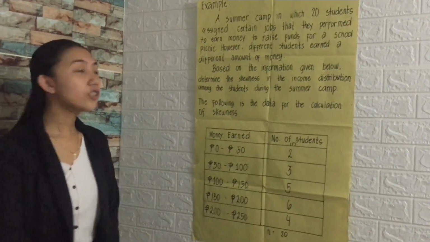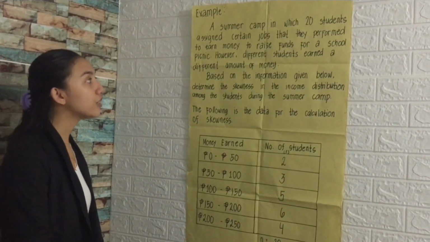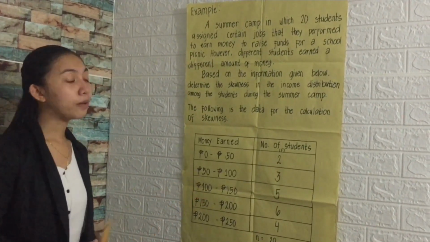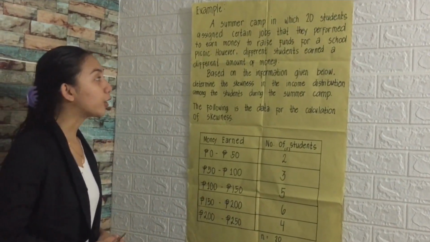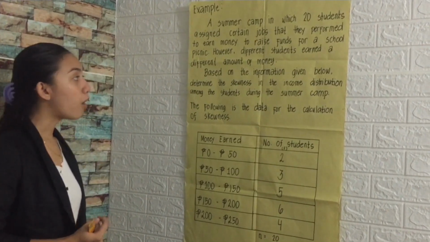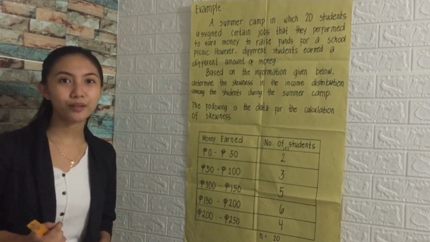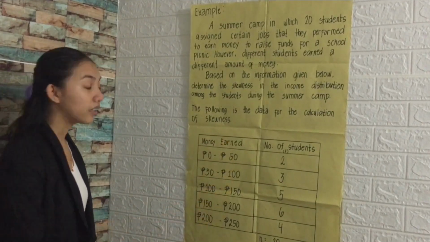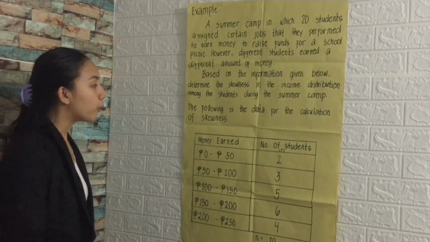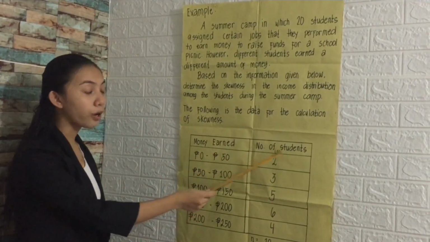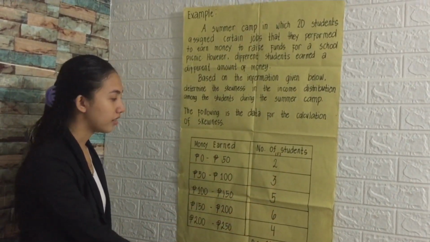However, different students earned different amounts of money. Based on the information given below, determine the skewness in the income distribution among the students during the summer camp. The following data is for the calculation of skewness. We have here the money earned and the number of students.